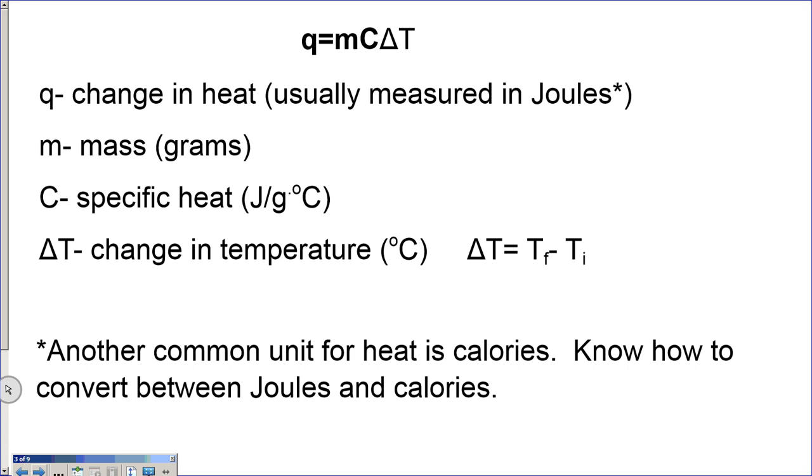Another unit you'll see for heat, for Q, is calories. So make sure to look up, go through the other videos, and you're going to have to be able to convert between joules and calories. It'll be a simple one-step stoichiometry problem, just to do that quick little unit conversion. But don't freak out if it shows you calories instead of joules.